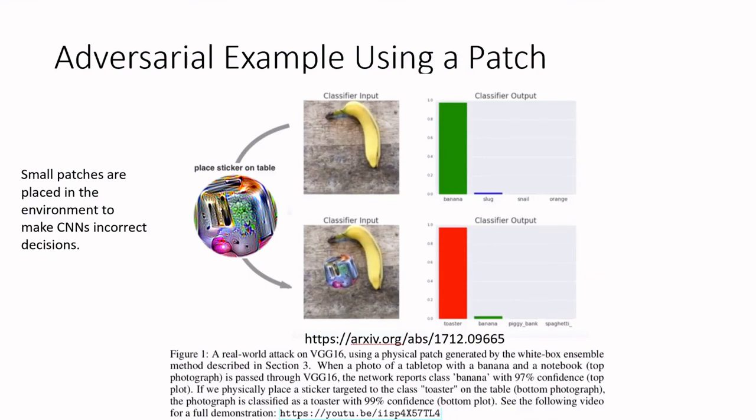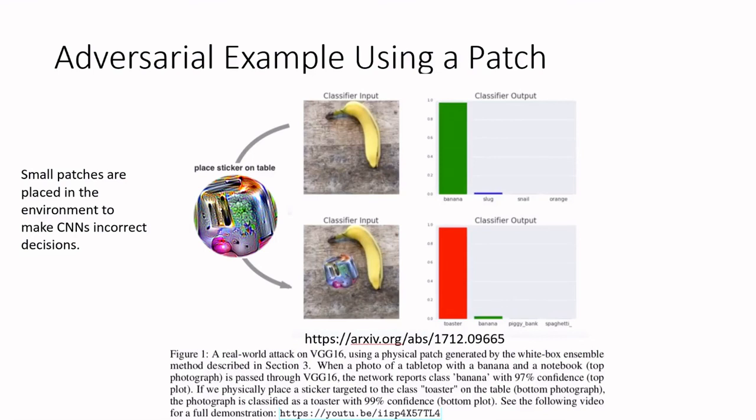There is another way of creating adversarial examples, and this is a relatively recent approach. What people have seen is that they can design small patches that can be attached or affixed to a scene that is being captured by the camera, which is part of your convolutional neural network system.